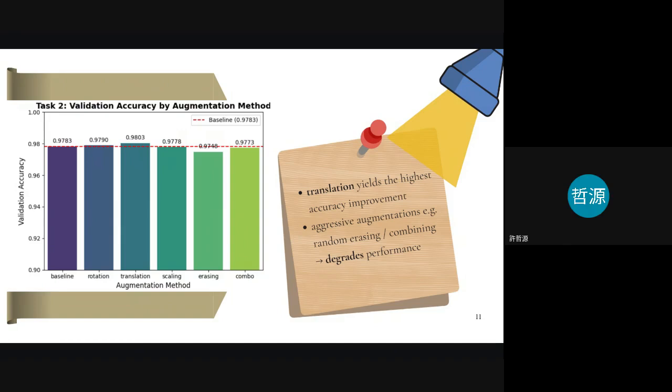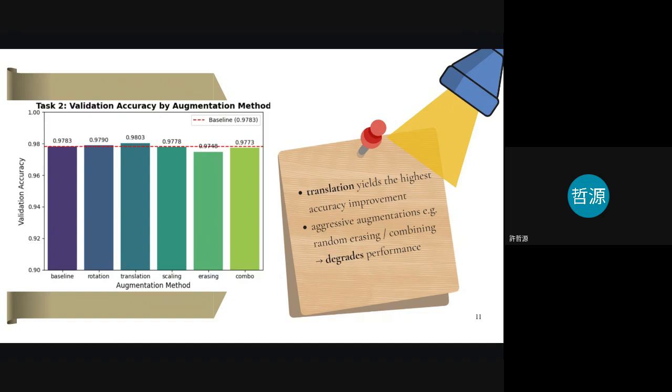Our combo method did not outperform single augmentations. In fact, scaling, random erasing, and the combo method all dipped below the red baseline. They actively hurt the model's performance.